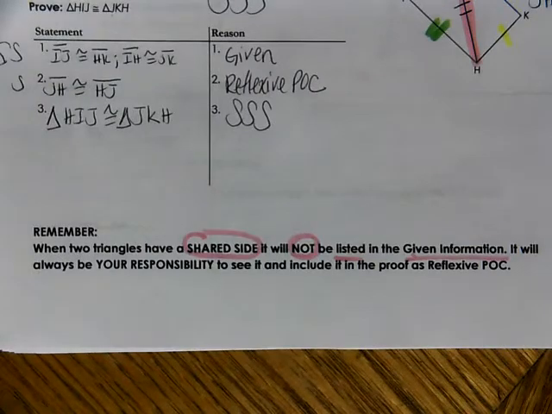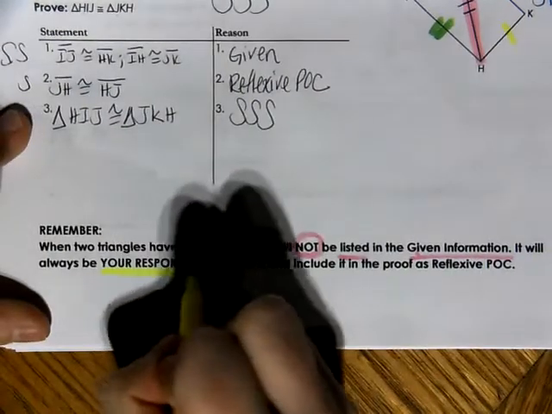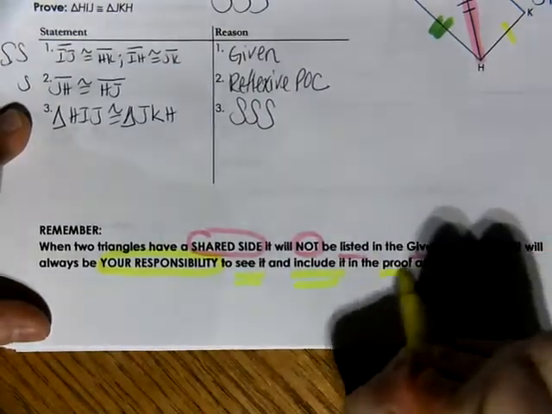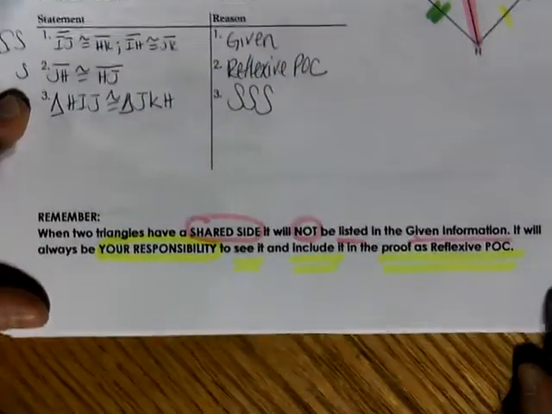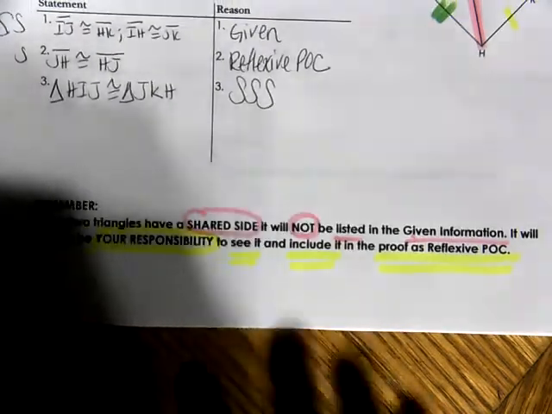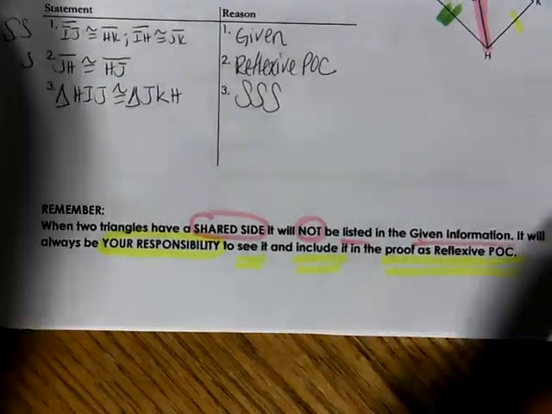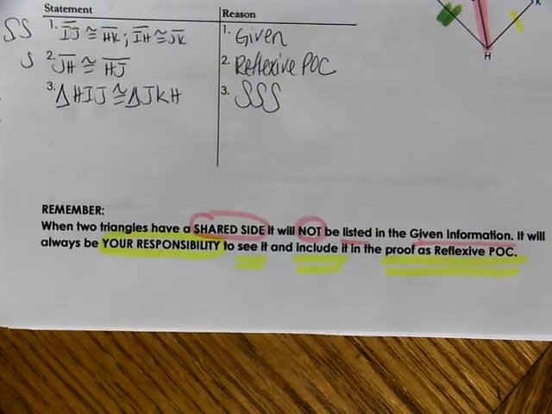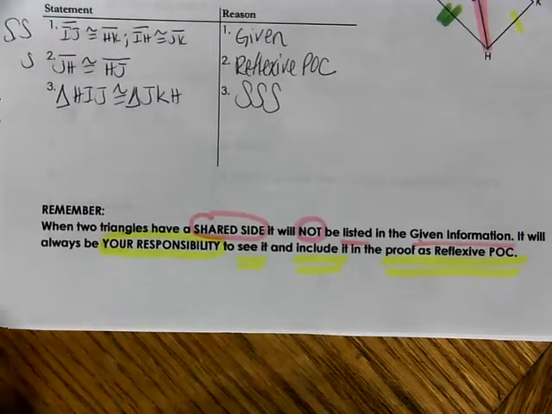Instead, it is going to be your responsibility to see it and include it in your proof as the reflexive property of congruence. So I want you guys to just be aware of that. There's going to be a lot of problems where it's going to be your responsibility to mark up your picture, and reflexive property of congruence is one of those things that I need you to absolutely have marked up on your picture.